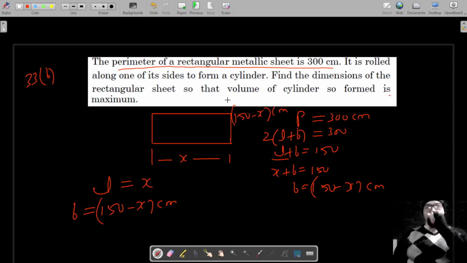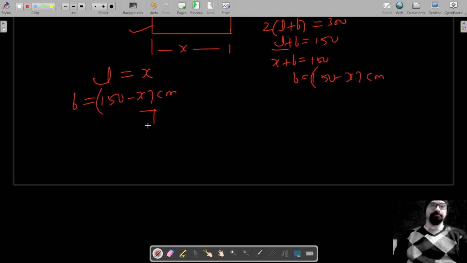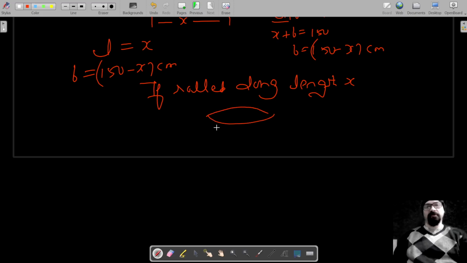Now it's given that this is rolled along one of its sides. So let's say it is rolled along the length x, so this will be the cylinder.